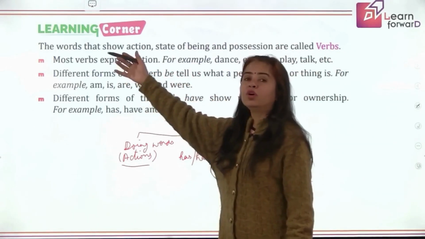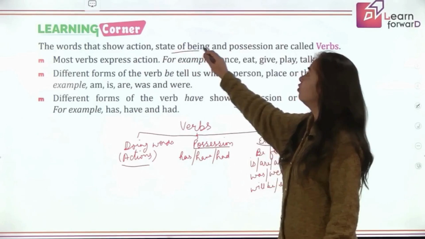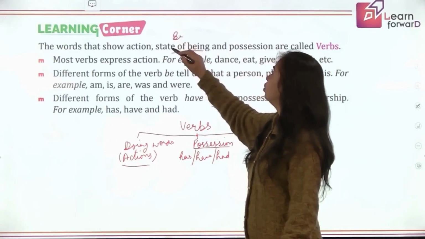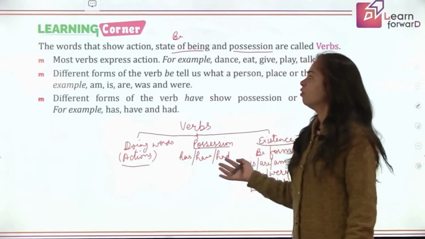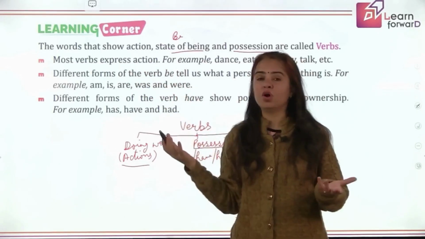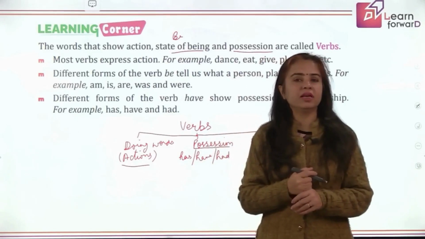Now, what is there in verbs? The words that show action, they show the state of being, that means existence. These are the be forms I have told you, and the possession, that is the have form of verbs. So, most verbs express action. Whatever action is being done in the sentence, that is a verb.